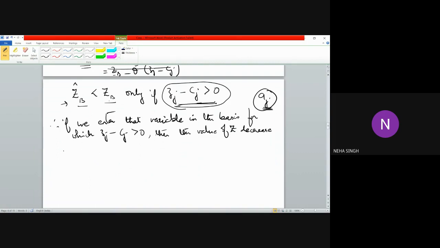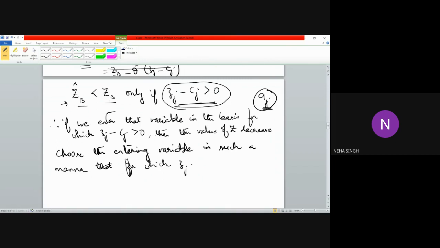So what we do is we choose the entering variable in such a manner that Zj minus Cj is most positive.